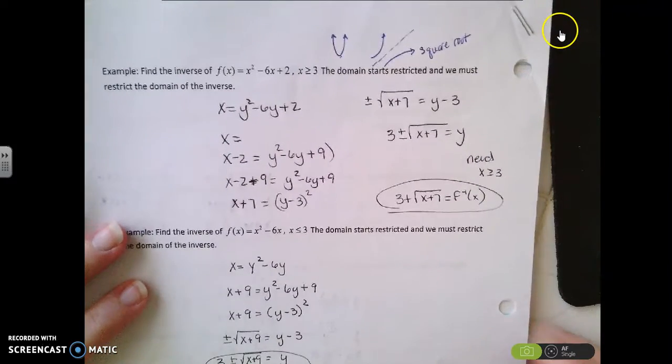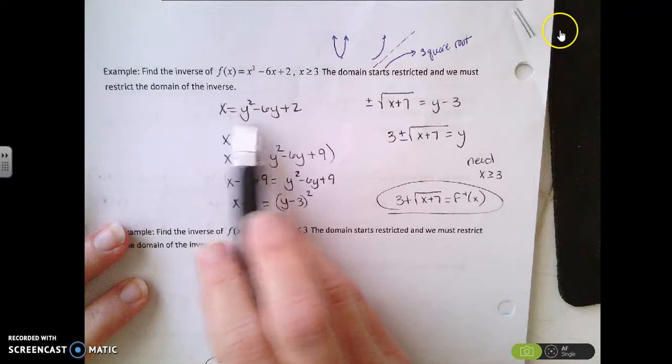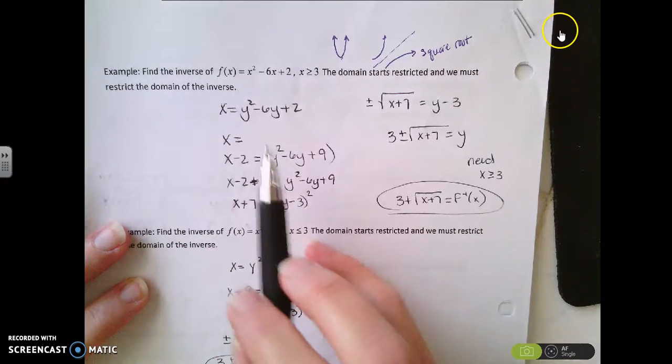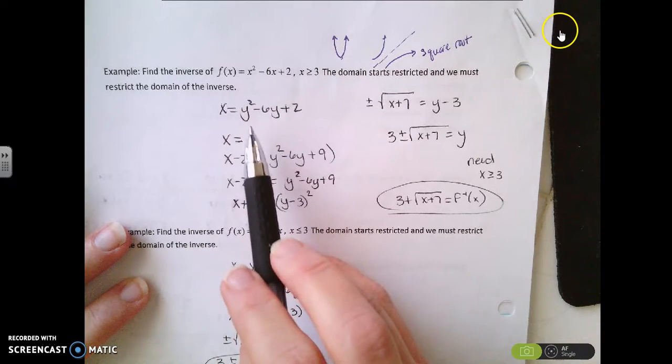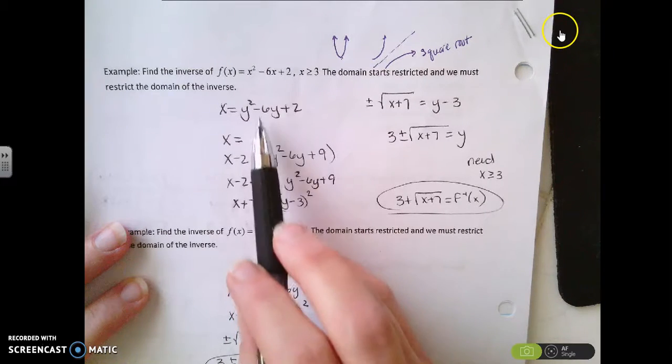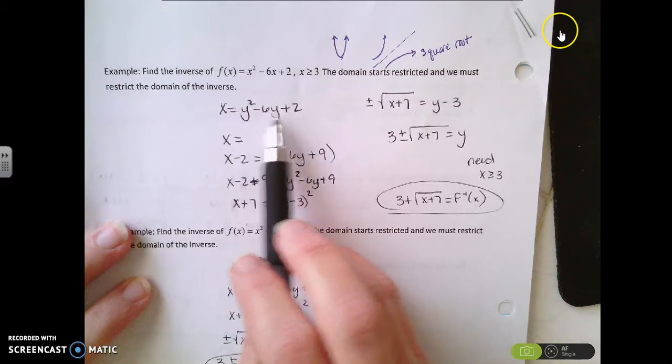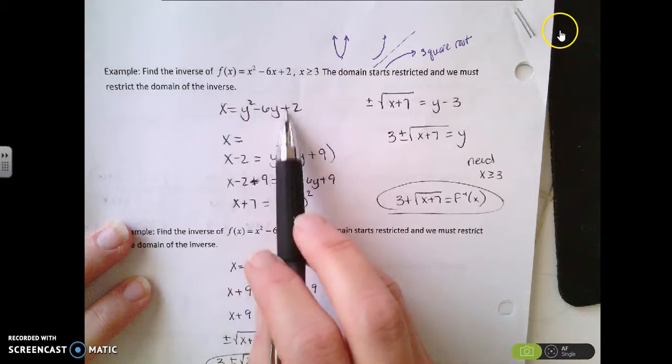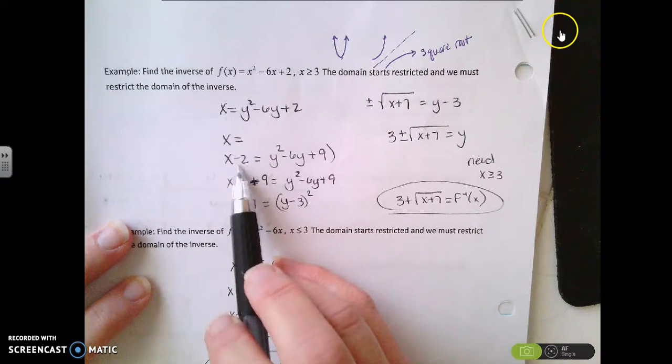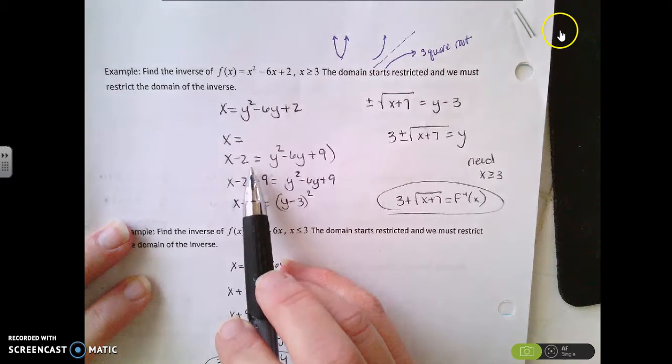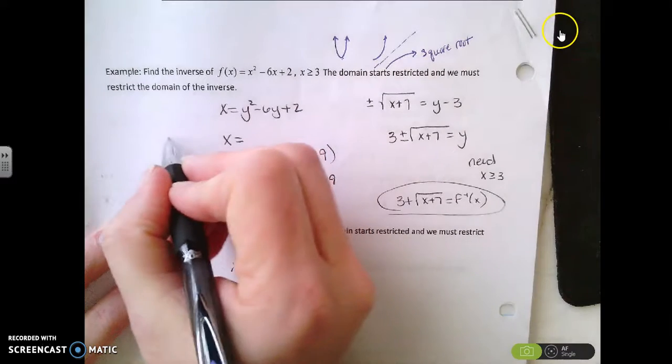So here I have the problem, and I've gone ahead and switched the x's and y's. So now I want to solve for y. I'm going to start off by moving that 2 to the other side and making it x minus 2. And then I'm going to complete the square.